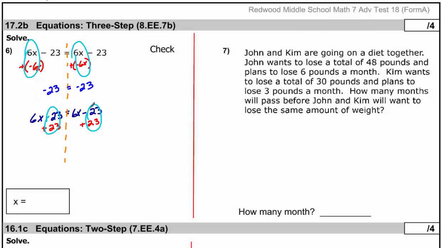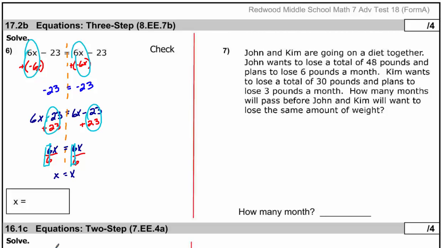So those cancel, those cancel. I'm left with 6x is equal to 6x. I'm going to divide by 6 on both sides. I get a couple big ones. And now I've got x is equal to x.